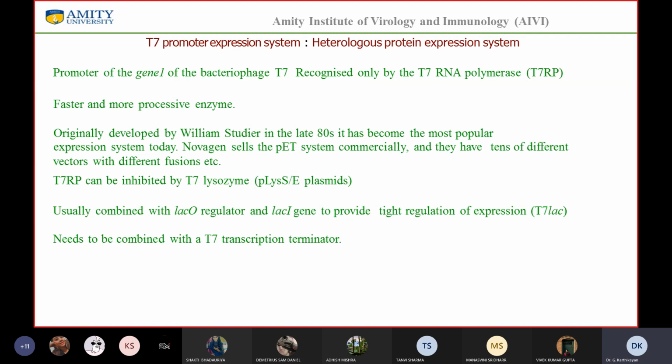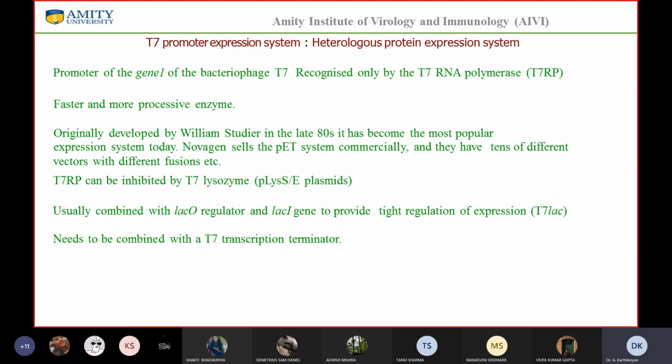As I said, this is a highly fast and highly processive enzyme. Once this RNA polymerase latches onto a promoter that it recognizes, it doesn't recognize every promoter. It doesn't recognize E. coli promoters at all. T7 RNA polymerase recognizes only T7 genes, and it has a specific structure.